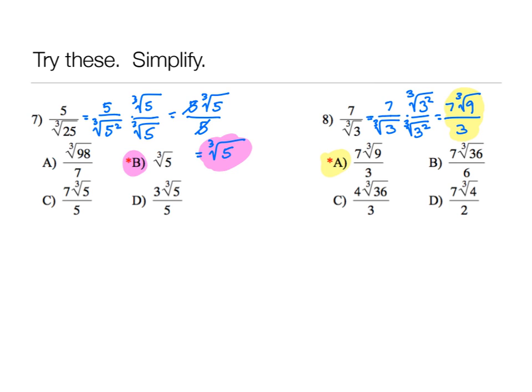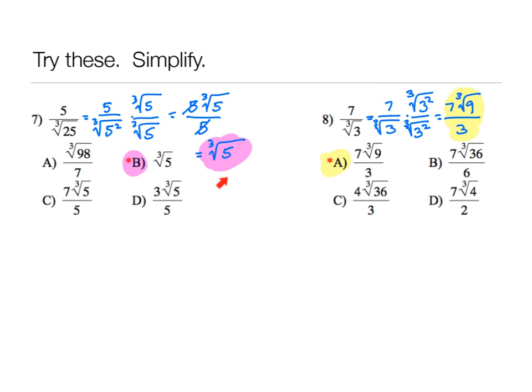Here are my answers. I want you to notice that I rewrote 25 as 5 squared so that I could more easily decide what needed to be multiplied by on top and the bottom. I need sets of 3. So this got multiplied by the cube root of 5 over the cube root of 5. That gave me 5 cube root of 5 over 5. I have 3 5s. 1 comes out.